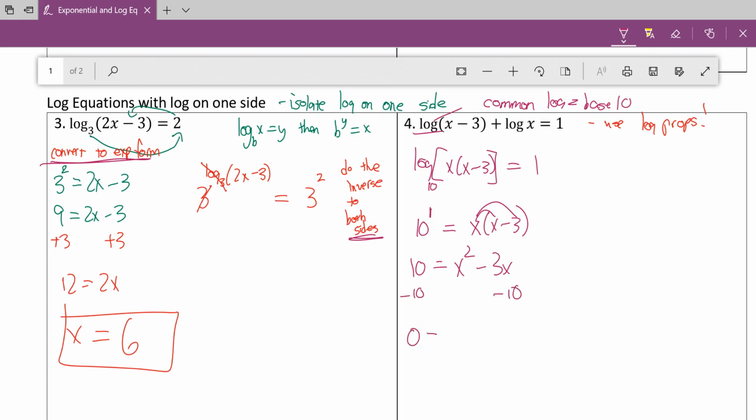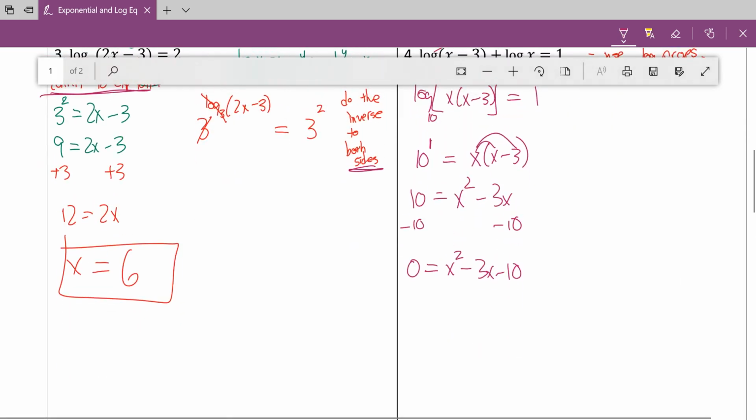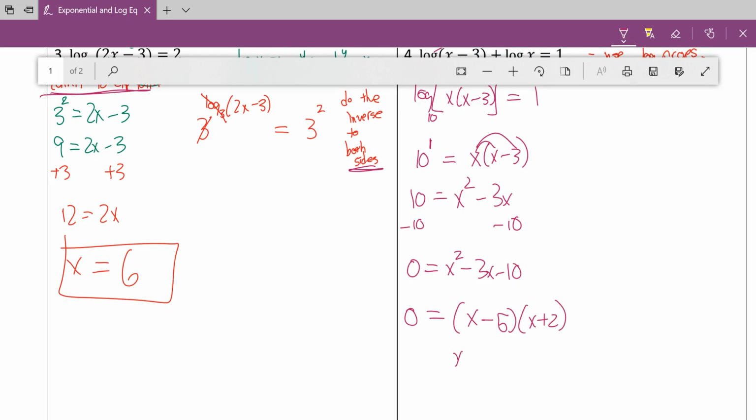So now I have 0 equals x squared minus 3x minus 10, which I can then factor into x minus 5 times x plus 2, which gives me solutions of 5 and negative 2.